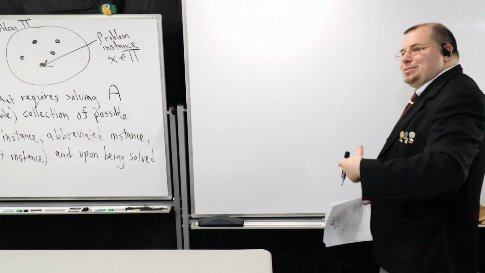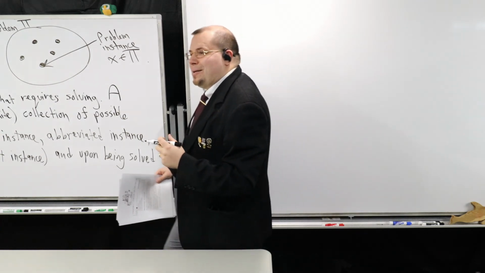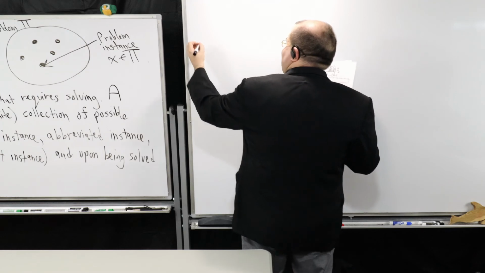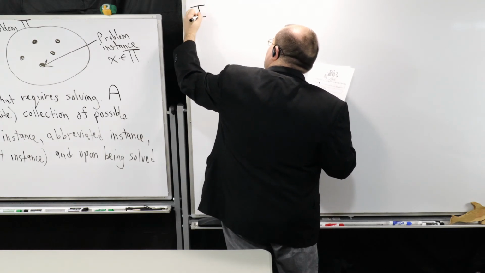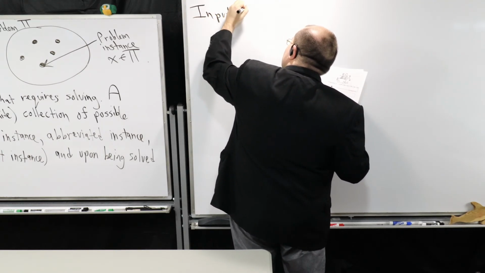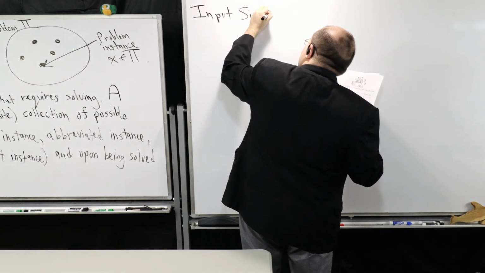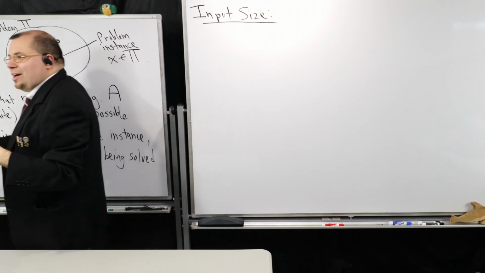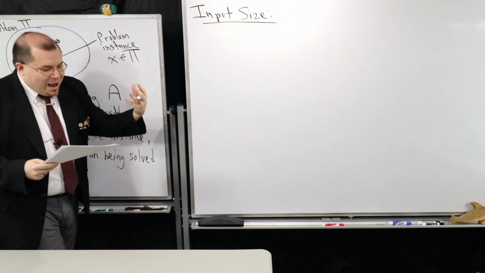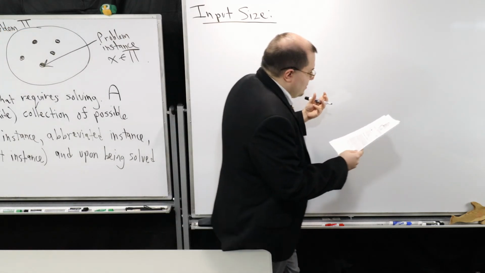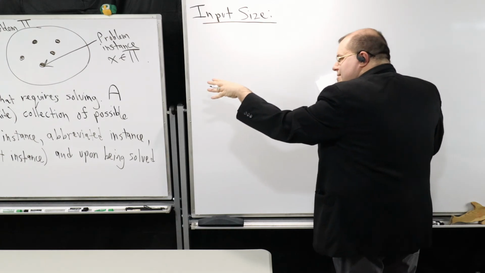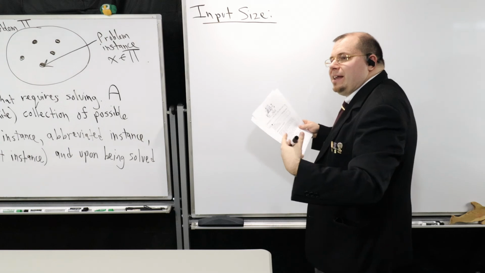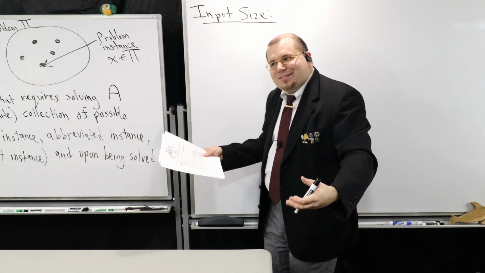But for most people, this is going to sound pretty sensible. I'm going to talk about input size. You may have heard of input size before. You may have heard of it called input length. In the context of algorithms, this is how we usually are going to talk about it. Now each one of our problem instances, I would like to be able to define it to have some size.